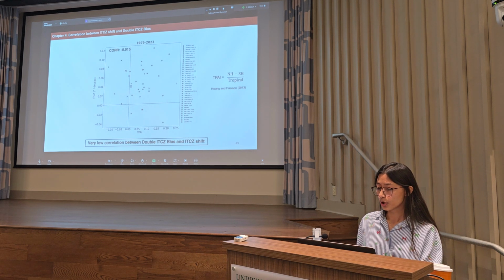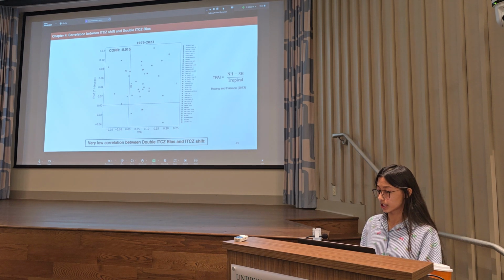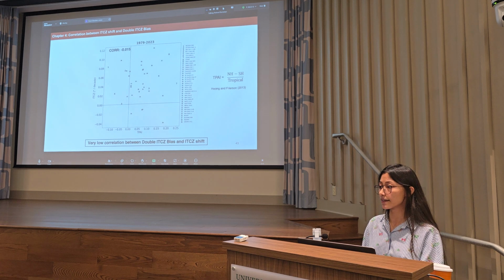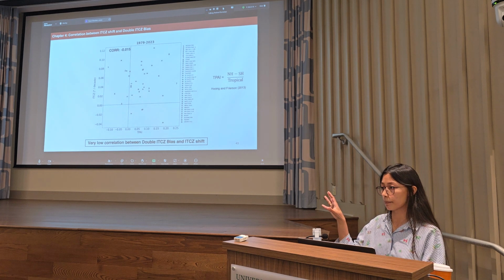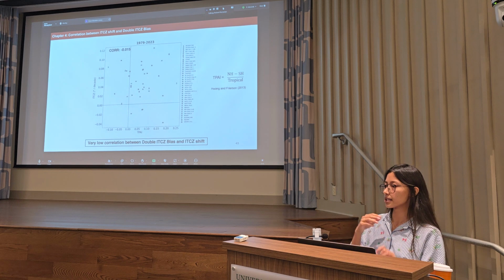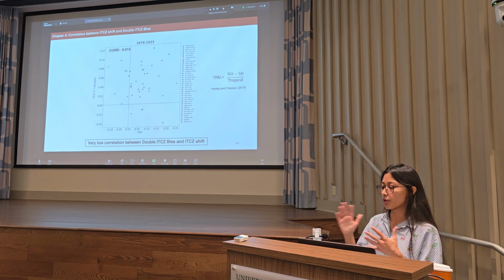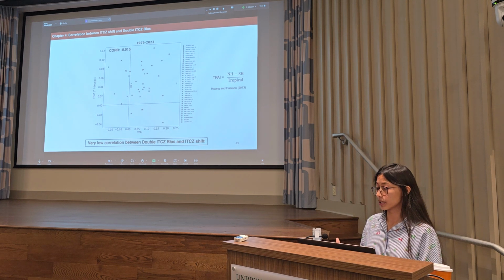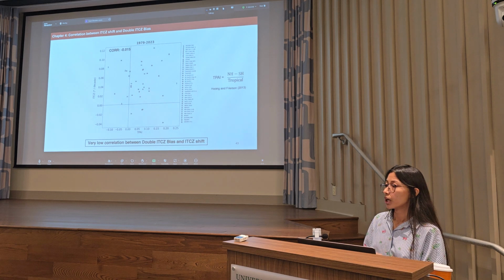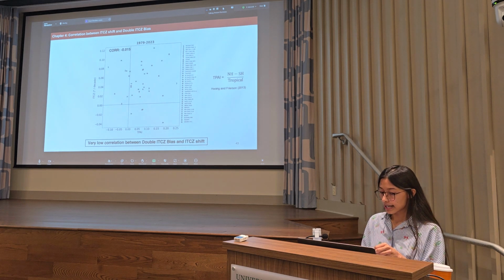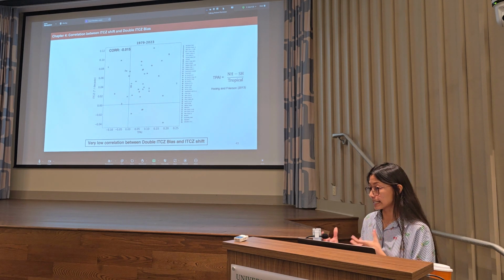And to do so, we use the Tropical Precipitation Asymmetry Index from Wang et al. 2013, which basically takes the difference between the northern hemisphere tropics, 0 to 20, and the southern hemisphere tropics, and normalizes it by the tropical mean precipitation. So, the weaker the TPAI index, the stronger the double ITCZ bias.